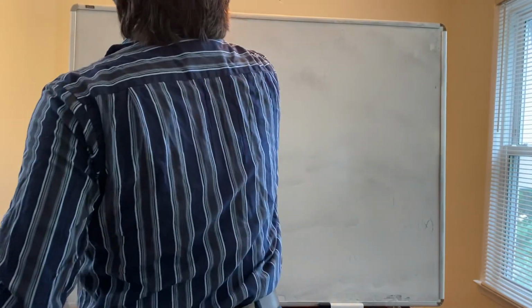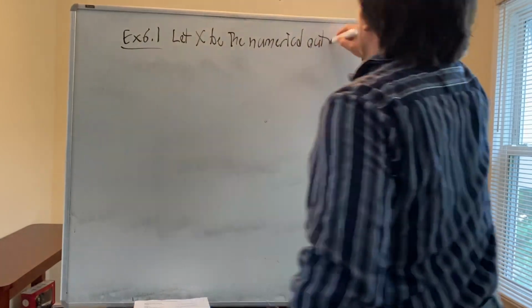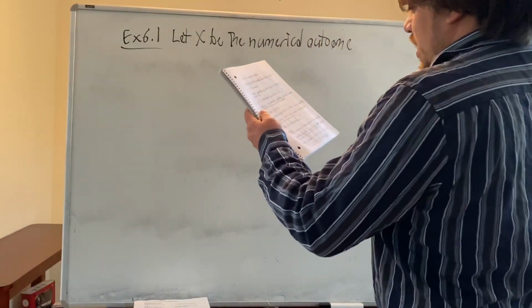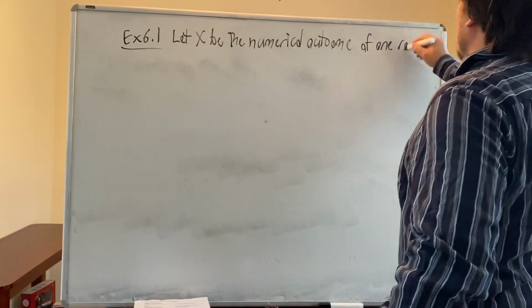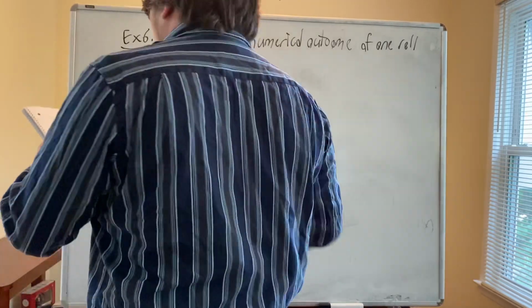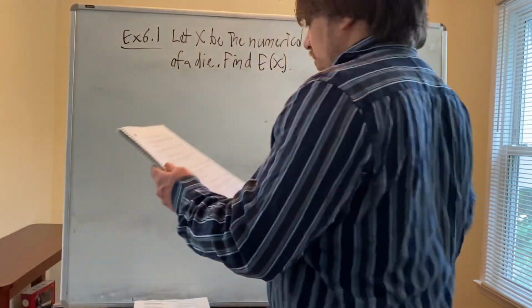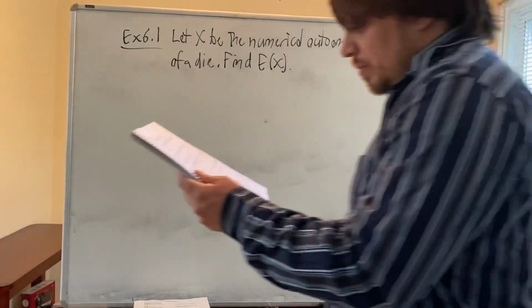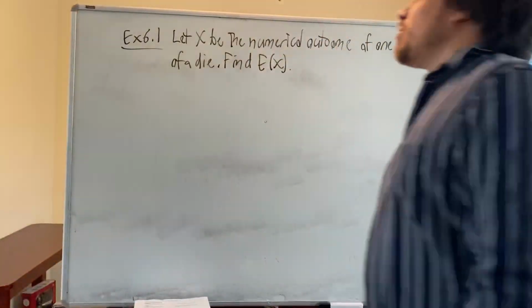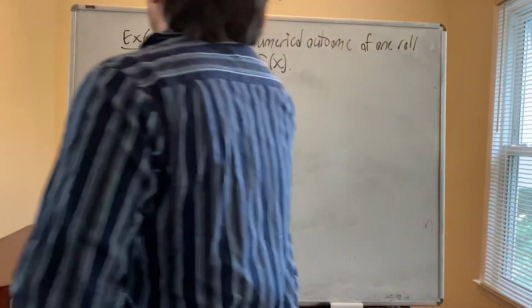Let capital X be the numerical outcome of one roll of a die. Find capital E of x. Okay, so solution.